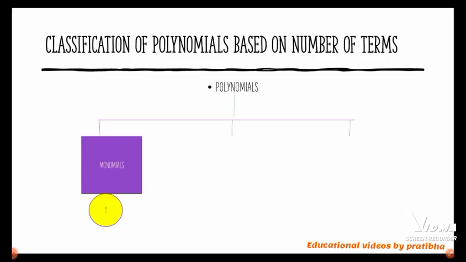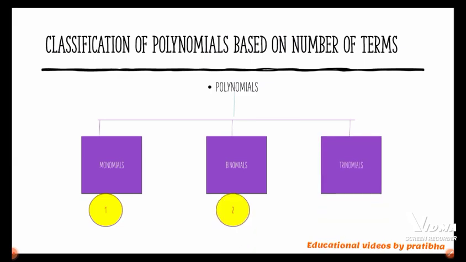The polynomials with only one term are called monomials. Binomials means the polynomials with two terms. And trinomials, tri means three. The polynomials with three terms are called trinomials. So based on the number of terms, we can classify our polynomials as monomial, binomial and trinomial.